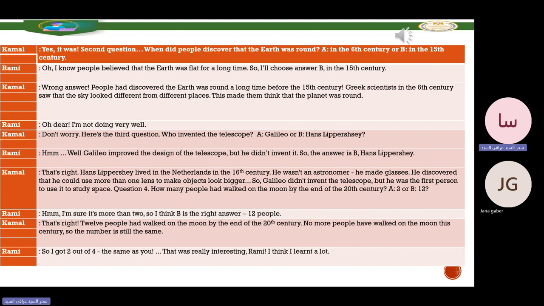Question 4. How many people had walked on the moon by the end of the 20th century? A, 2, or B, 12? I'm sure it's more than 2. So I think B is the right answer. 12 people.